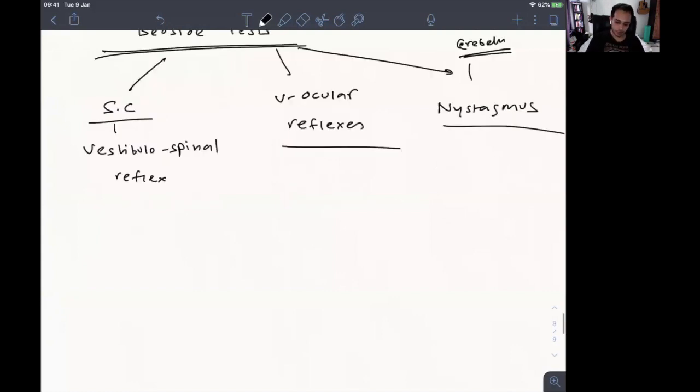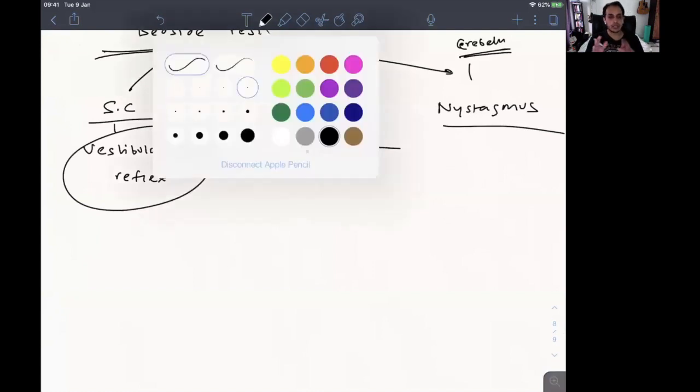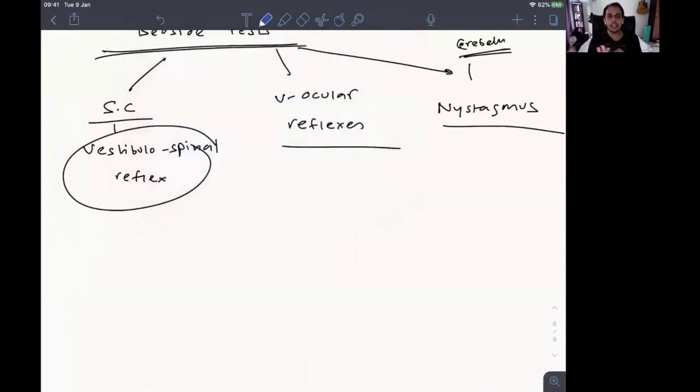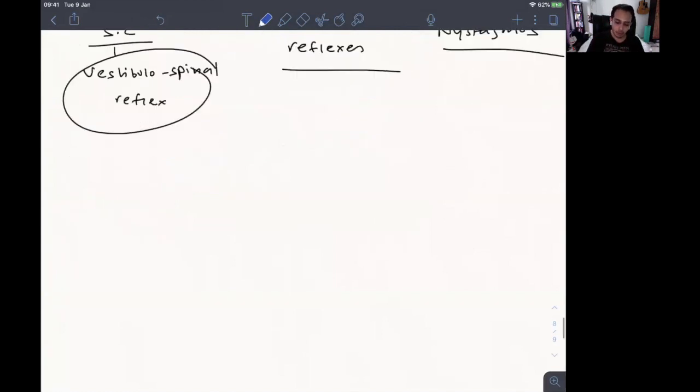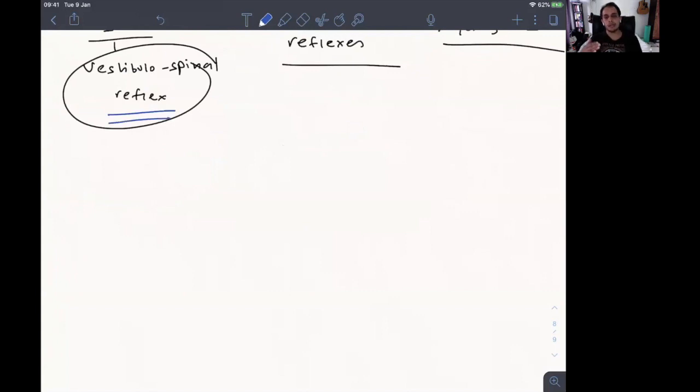So these are the three rough headings under which you will test for vestibular dysfunction. In a case of vestibulospinal, what will you check? You will basically check for how well the patient is moving their hands and their legs. One important test is called past pointing.